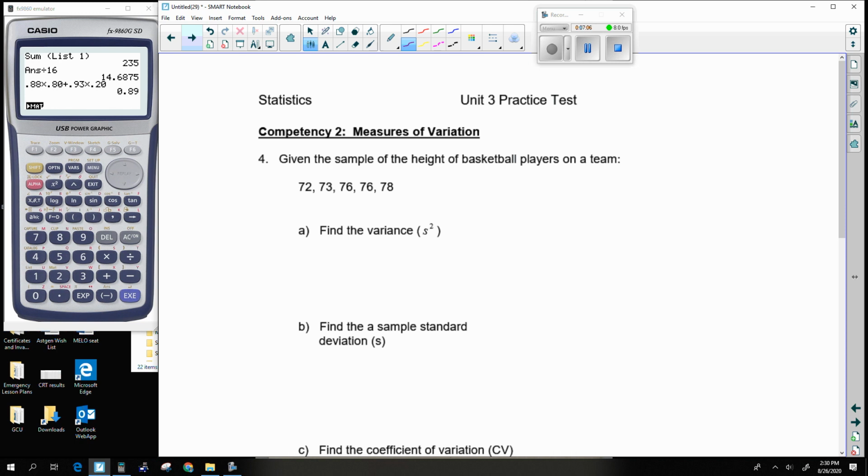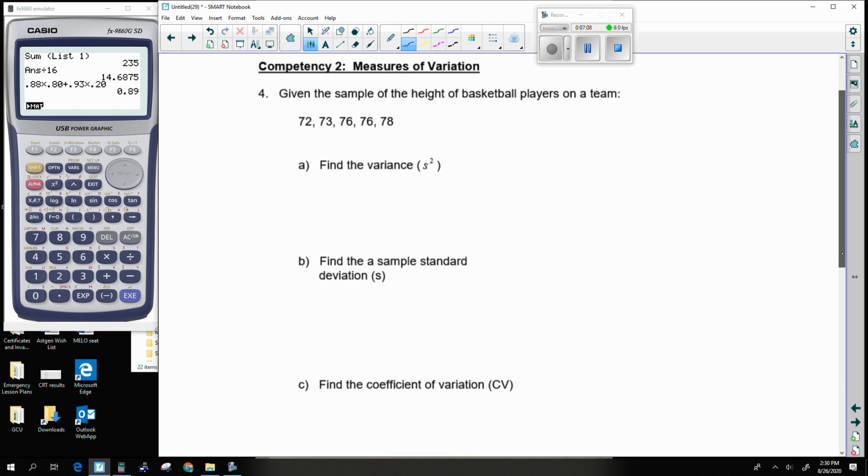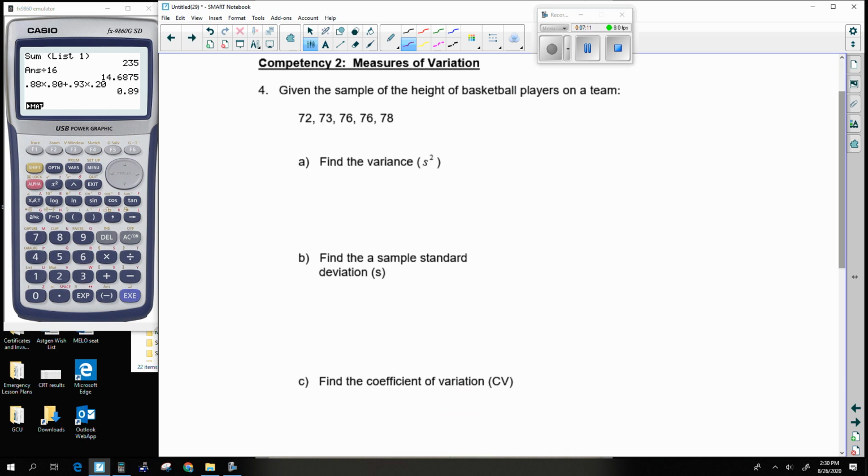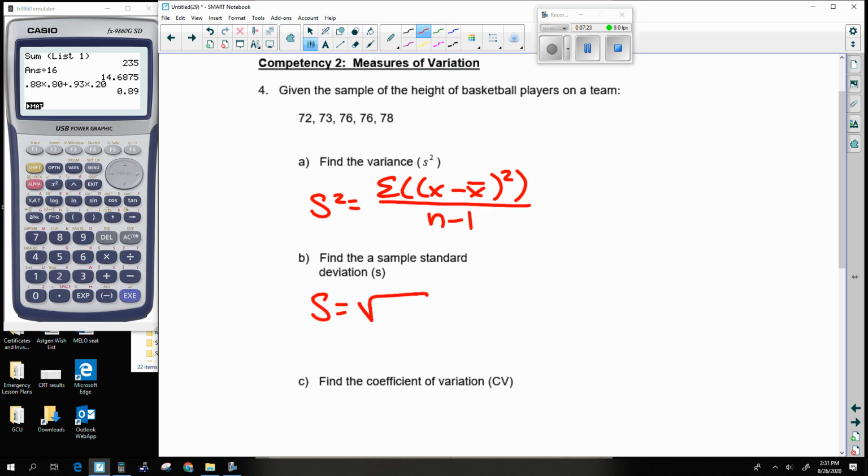All right, variance, standard deviation, coefficient of variation. To get these right, you need to know the formulas. So S squared, S, and coefficient of variation.